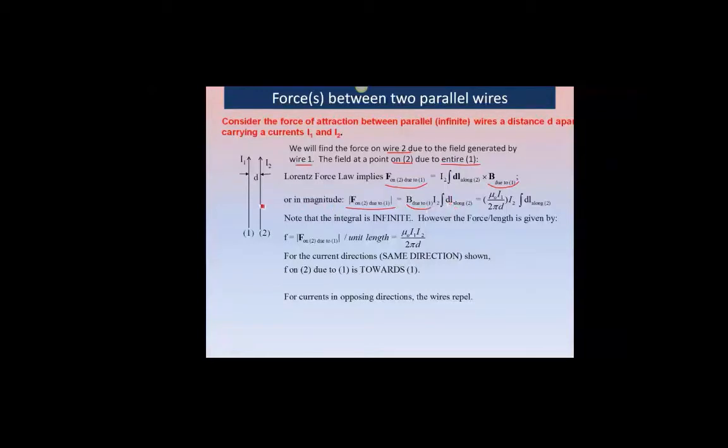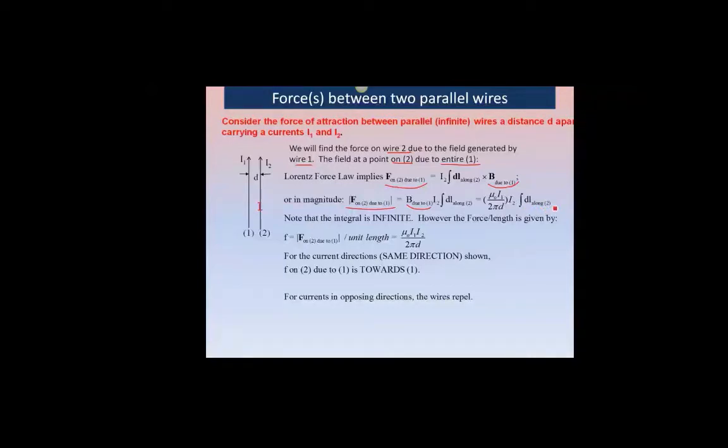So basically what we're finding is the dF on a little element of this and then integrating over the length. When you do that, you end up with mu 0 I1 over 2 pi d, where d is the distance, times I2 times the integral of dl along 2.